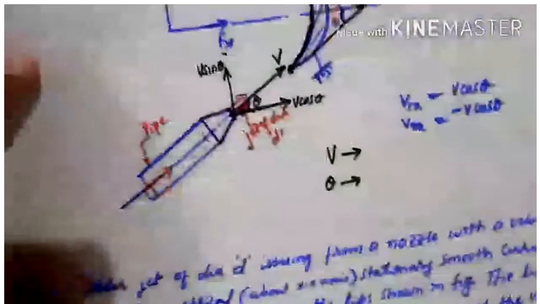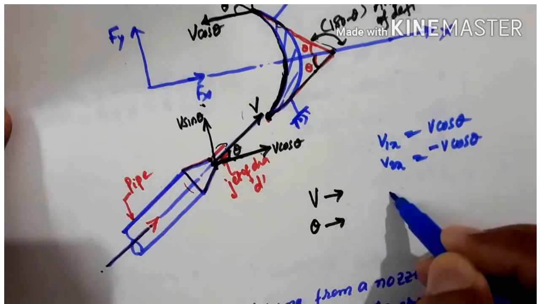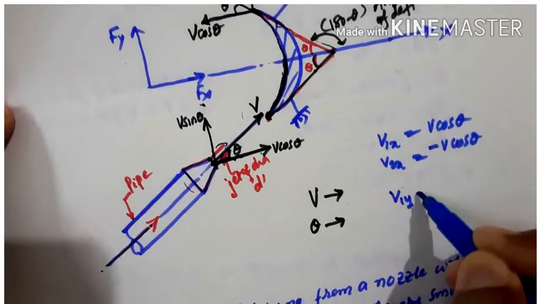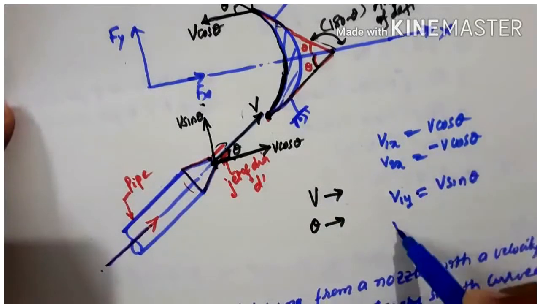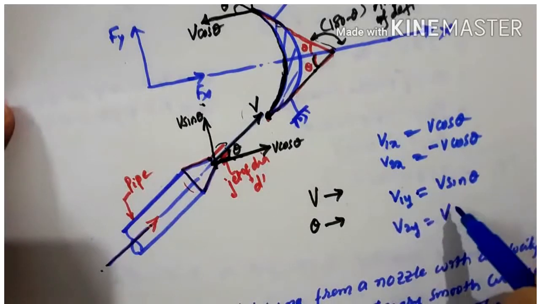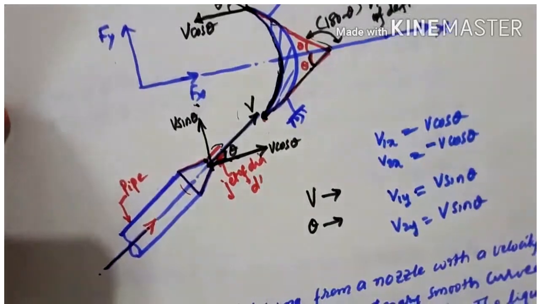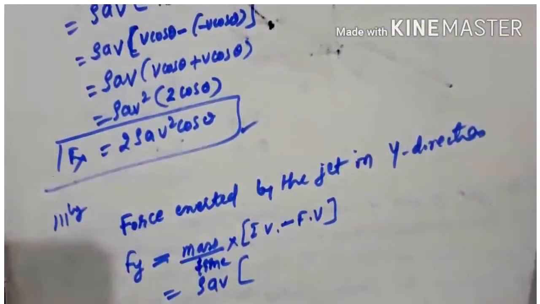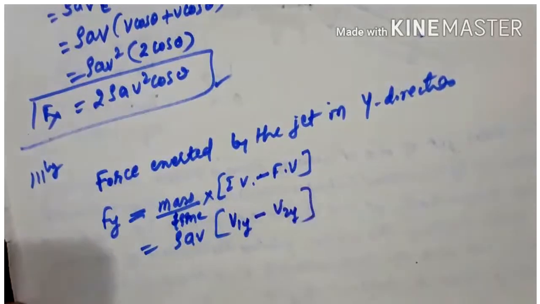Again referring to the figure, v1y in the y direction is v sin theta, and v2y is also v sin theta. So initial velocity in the y direction and final velocity in the y direction: I'll write v1y minus v2y.